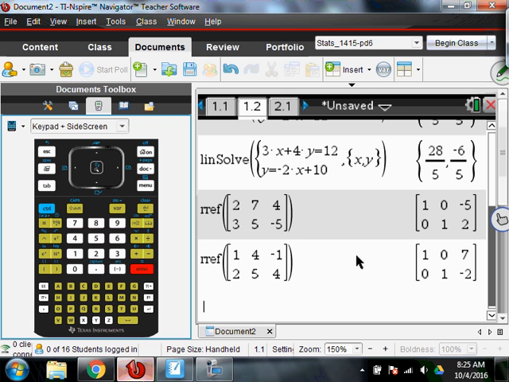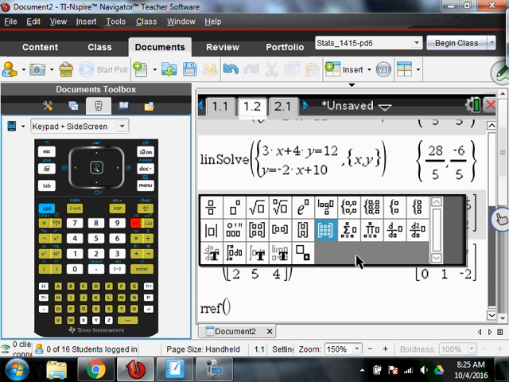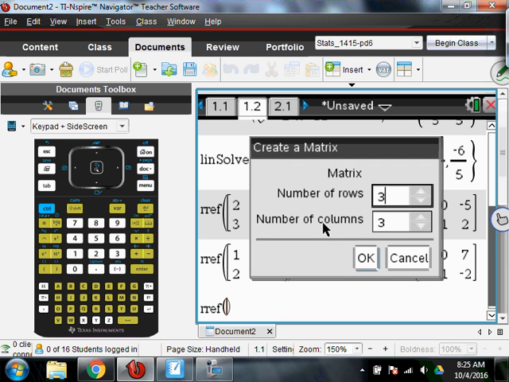Okay. So we're going to do an RREF again. RREF, parenthesis, a matrix, a 3 by 3, but we're going to make it a 3 by 4 this time.